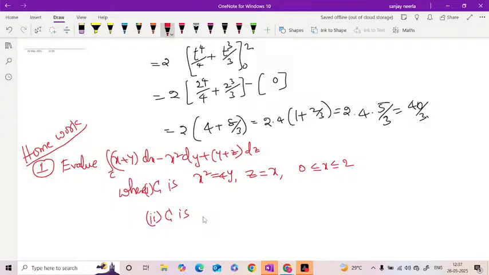Now y square is equal to 4x and z is equal to x. X values are in between 0 to 4.